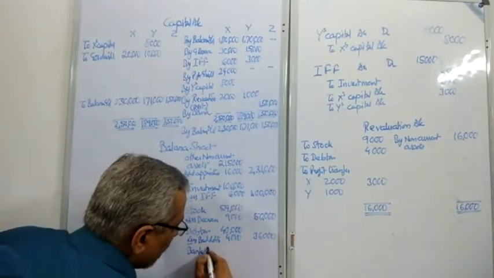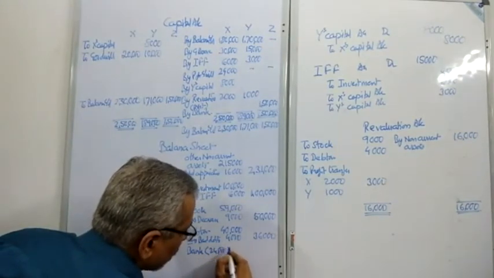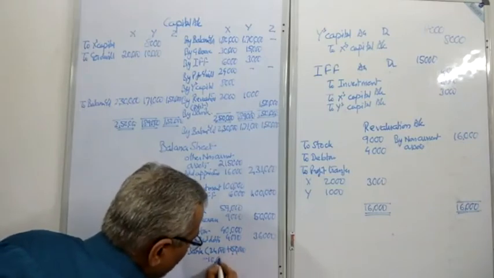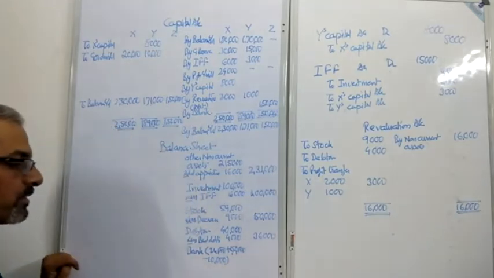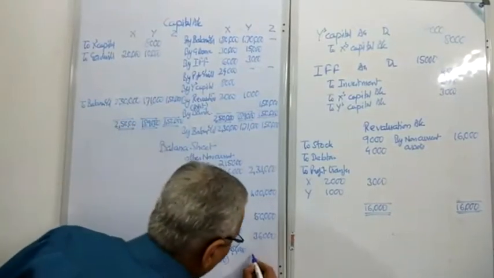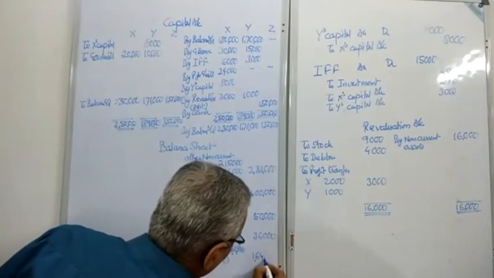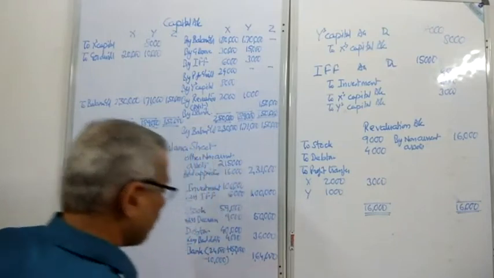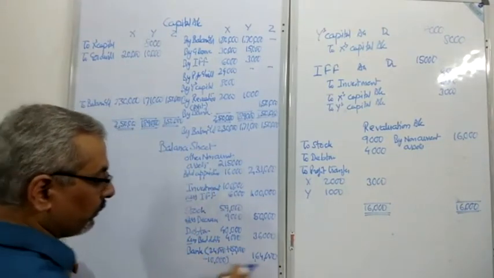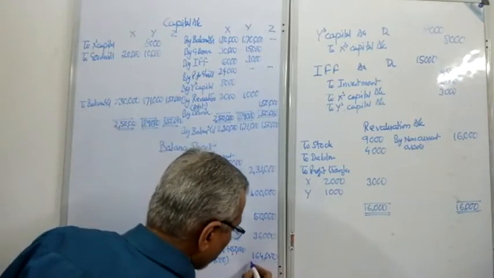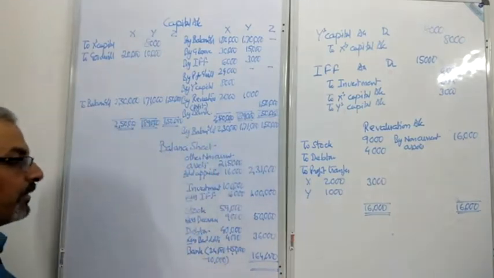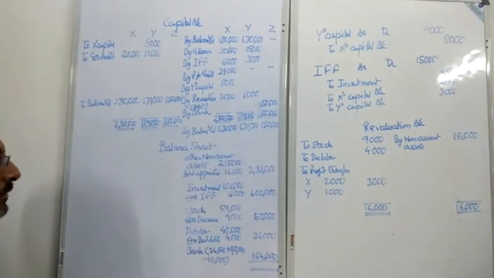Bank account and 24,000 plus 1,50,000 minus 10,000. Repeat again. Why minus 10,000? Because it was a bank overdraft given in the question. And now if you see very carefully, the amount which will go into the outer column will be 1,64,000. How did I get it? 24,000 plus 1,50,000 gave us 1,74,000 minus 10,000 gave us 1,64,000. So these are the figures which are there in the asset side of the balance sheet, and that will help us to find the total of the asset side of the balance sheet.